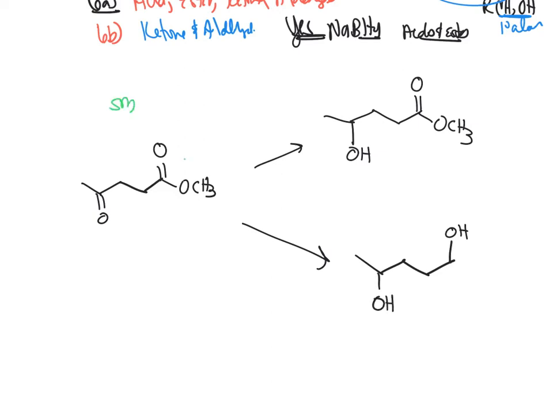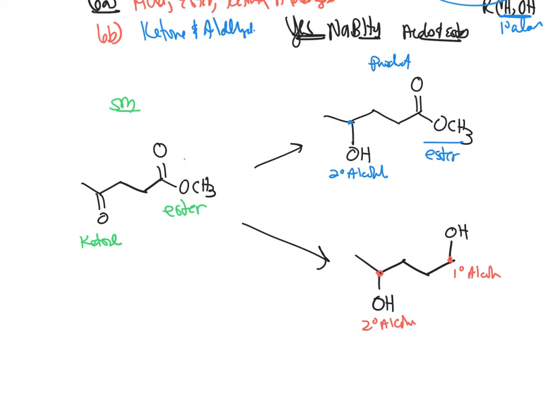Okay, so this is your starting material. This is an ester and this is a ketone. Then you come over here to the product and you say this is an ester and this is a secondary alcohol. And you come here, you say this is a primary alcohol and this is a secondary alcohol.